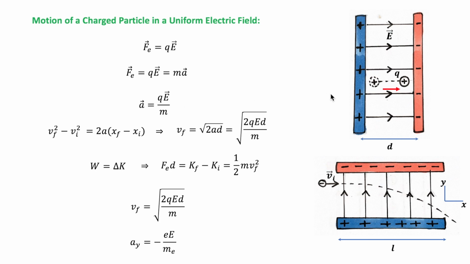As you can see, if the particle has a positive charge, it will accelerate in the direction of the electric field, and if it has a negative charge, it will accelerate in the opposite direction to the field.